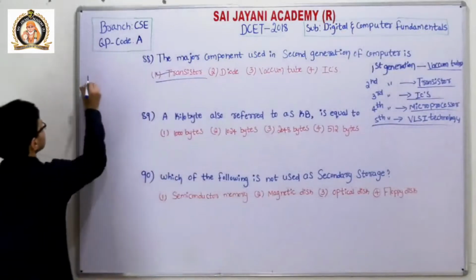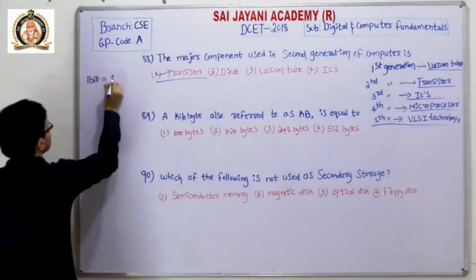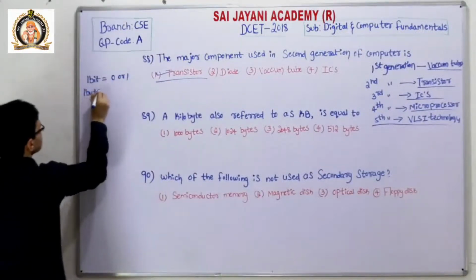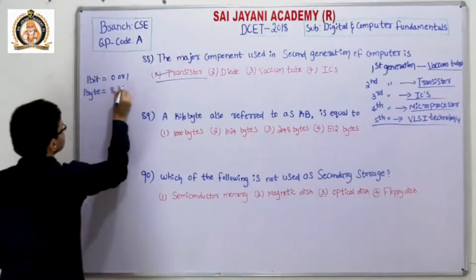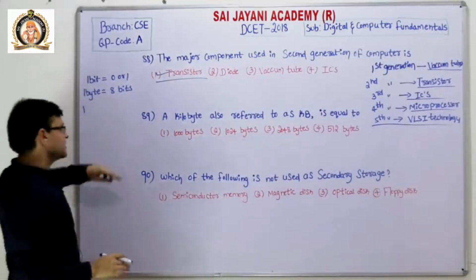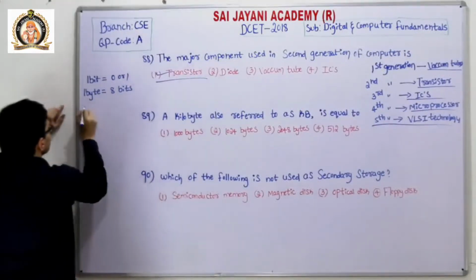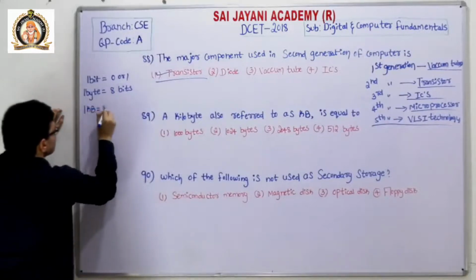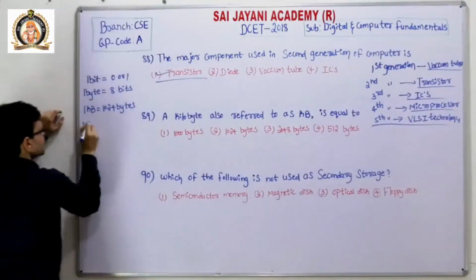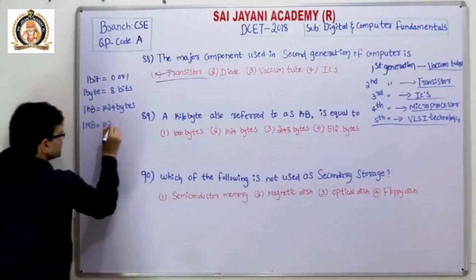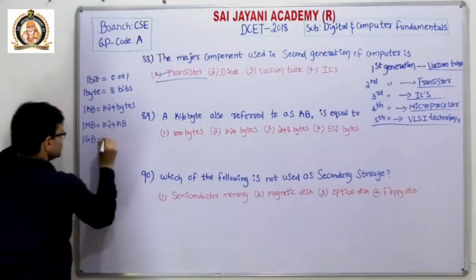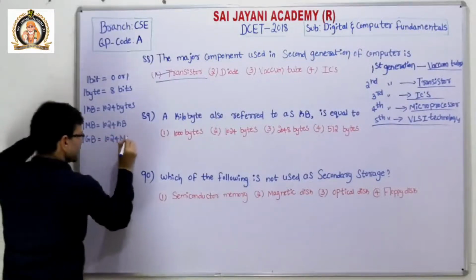We know that 1 bit may be either 0 or 1. 1 byte is equal to 8 bits. Similarly, 1 kilobyte is equal to 1024 bytes. 1 megabyte is equal to 1024 kilobytes. Similarly, 1 gigabyte is equal to 1024 megabytes.